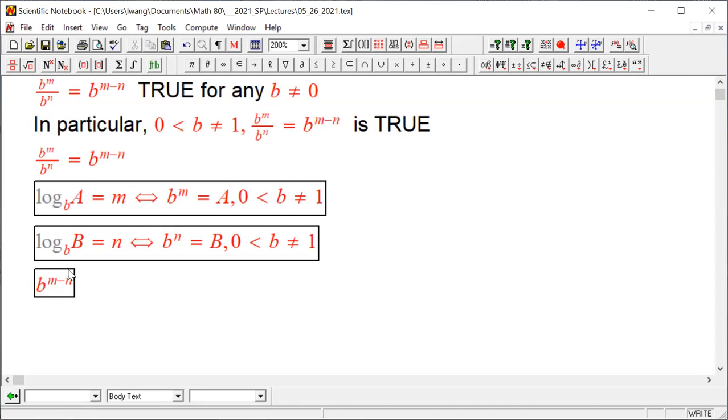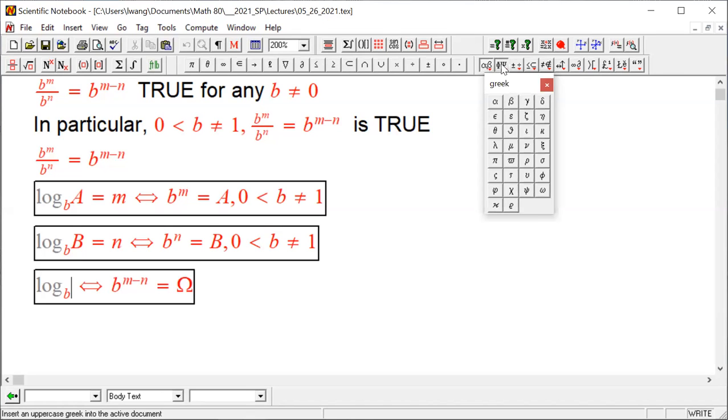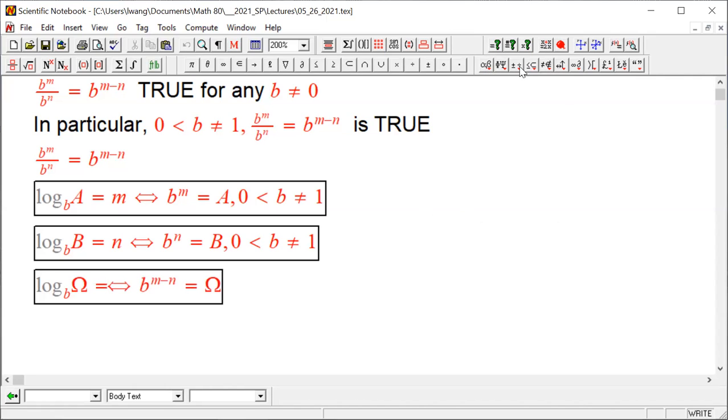B to the power of m minus n, I assume that is equal to omega. According to our definition, this is going to be log base b of omega equals triangle.